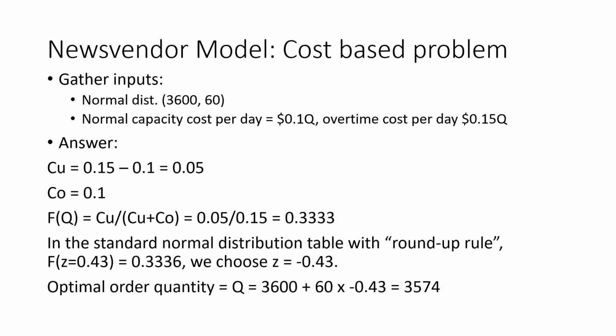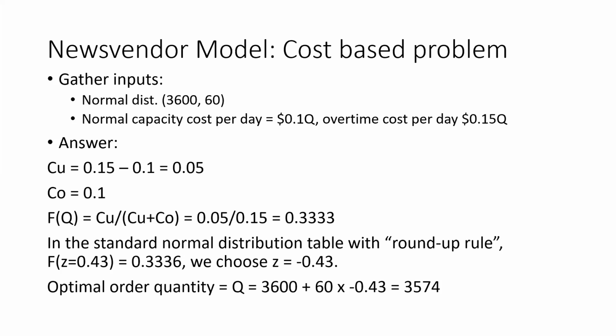So we have inputs here. Normal capacity cost per day is 0.1 Q. Overtime cost per day is 0.15 Q. So CU is equal to 0.15 minus 0.1, equal to 0.05. CO is 0.1.